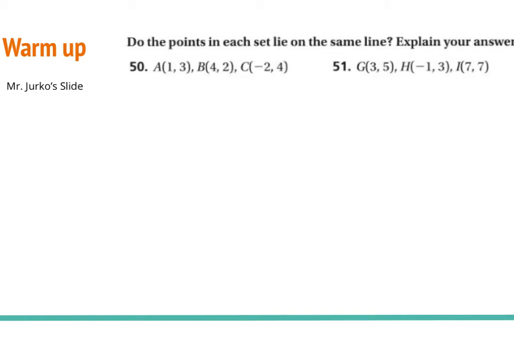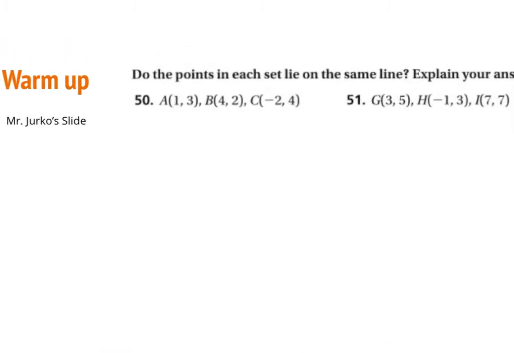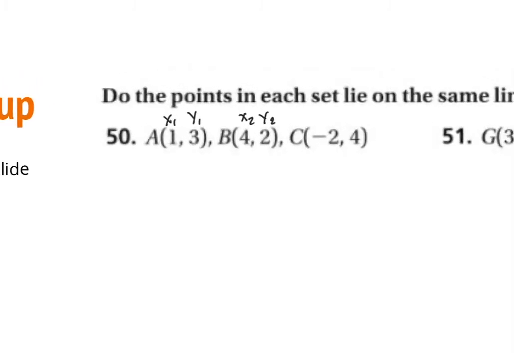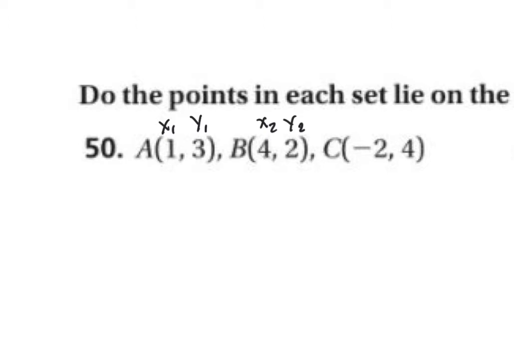So what we're going to do is define, since they're points, one of them as x1, y1, and one of them as x2, y2. For our first example, A, we're going to define A as x1, y1, and then B is going to be x2, y2, okay? And we're going to use the slope formula to find out what the slope is between those 2 points, okay?